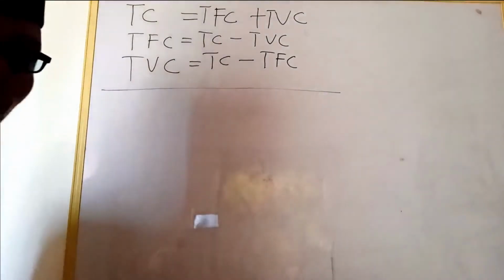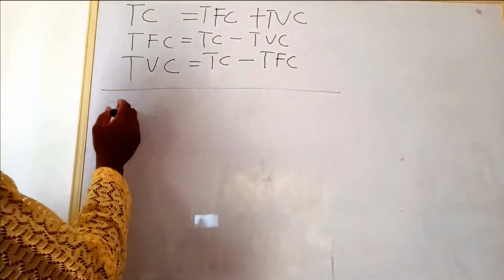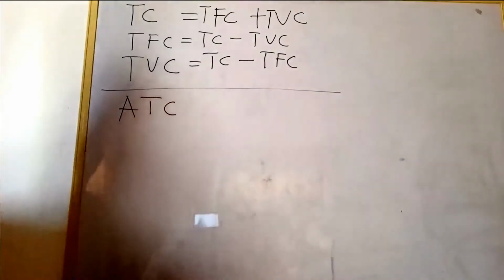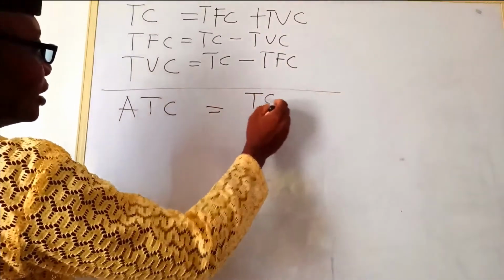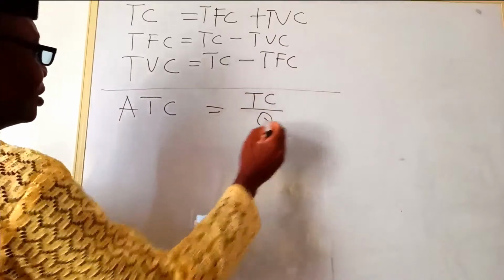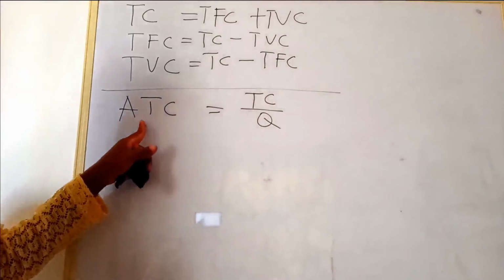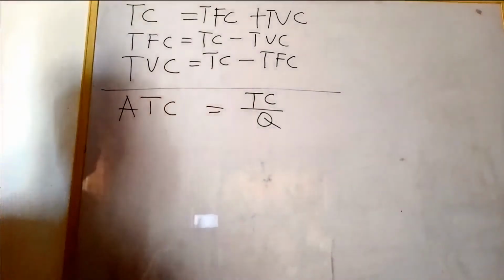This has to do with averages. The average total cost, ATC, equals the total cost, TC, divided by the quantity. Average total cost equals total cost divided by quantity.